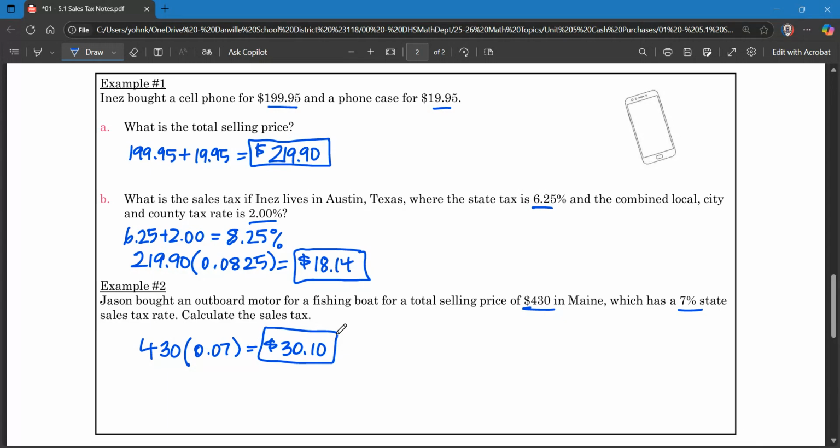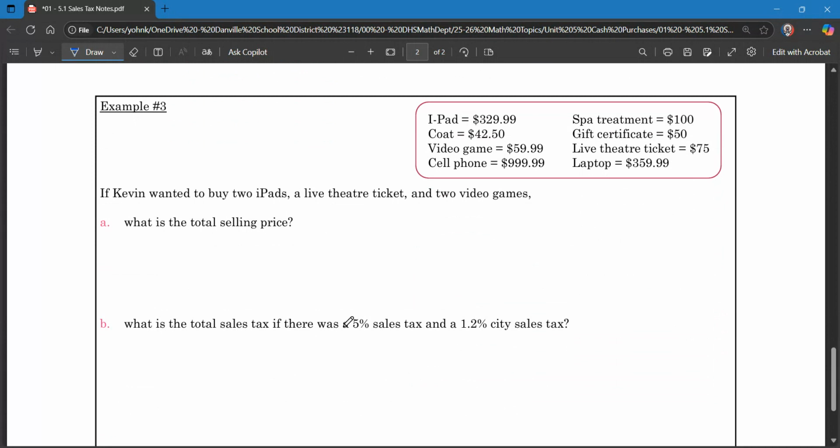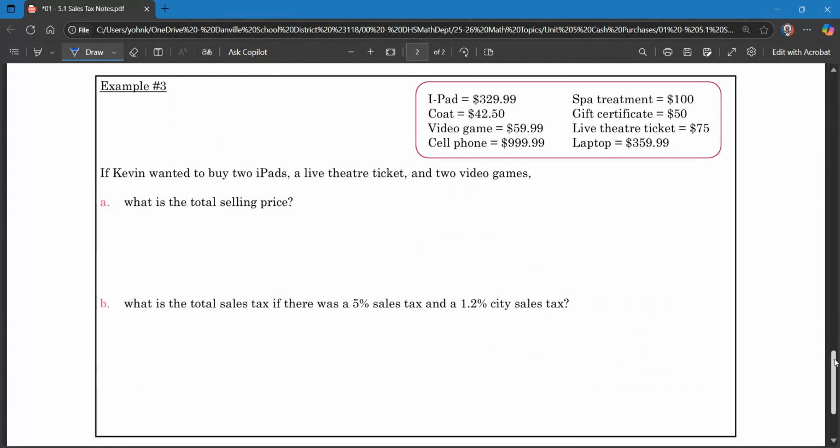All right, let's go to example 3. Now on this page, we have a chart up here in the corner that lists a couple different items and how much they cost: an iPad, coat, a video game, a cell phone, spa treatment, gift certificate, live theater ticket, and a laptop. So if Kevin wants to buy 2 iPads, a live theater ticket, and 2 video games, what is the total selling price?